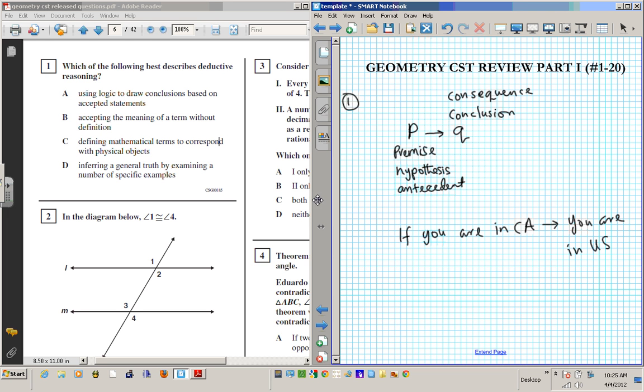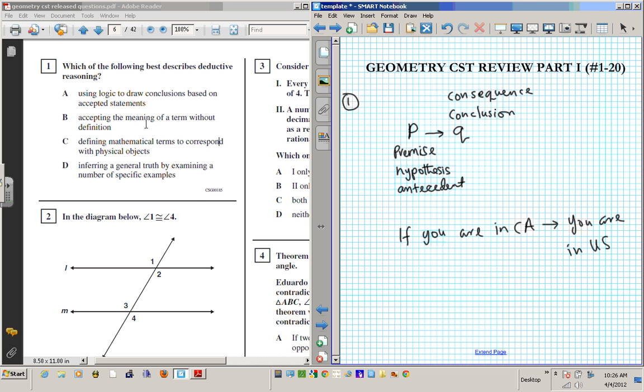All right, so let's take a look at these options right here. Which of these fits this description? Using logic to draw conclusions based on accepted statements; accepting the meaning of a term without definition; defining mathematical terms to correspond with physical objects; inferring general truths by examining a number of specific examples.